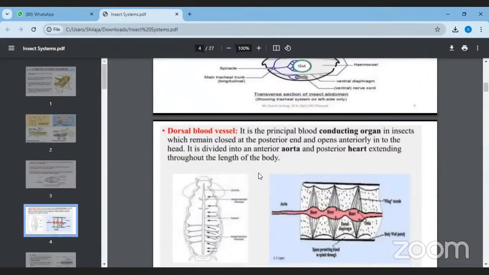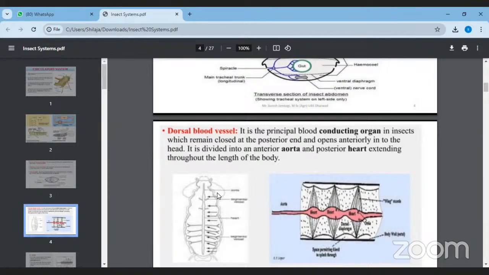Coming to the function of the dorsal blood vessel: it is the principal blood conducting organ in insects, which remains closed at the posterior end and opens anteriorly into the head. It is divided into an aorta and a posterior heart extending throughout the length of the body.